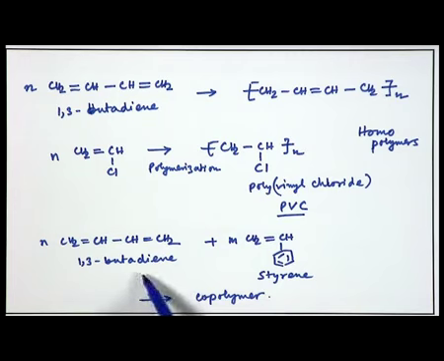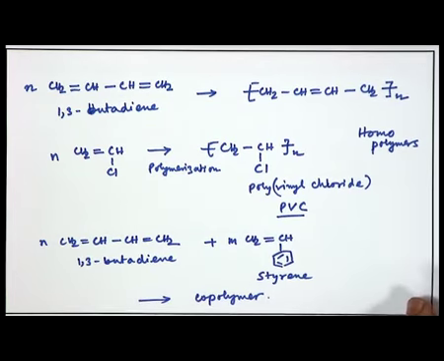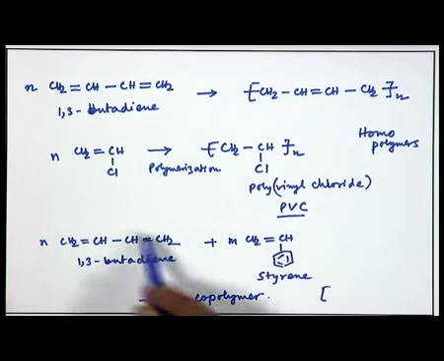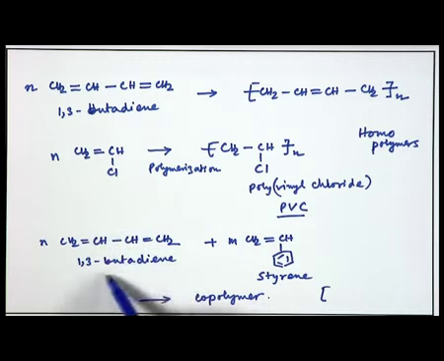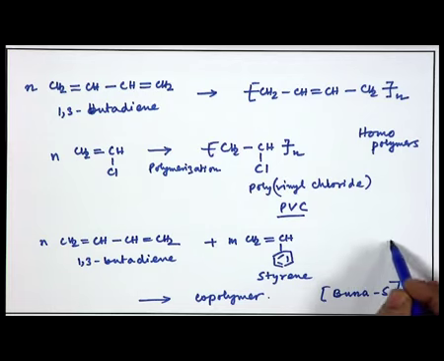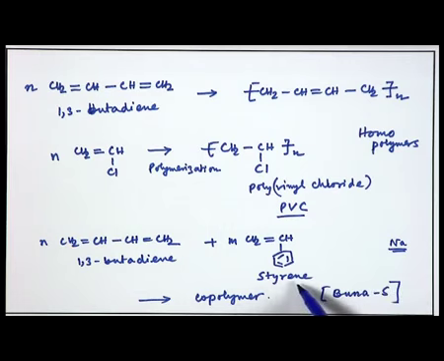So, it will be a butadiene styrene copolymer, and commonly when you have about 3 of 1,3-butadiene and 1 of styrene, we call this polymer Buna-S, and this is done in presence of metallic sodium. So, Bu is from butadiene, Na is from sodium, natrium, and S stands for styrene.